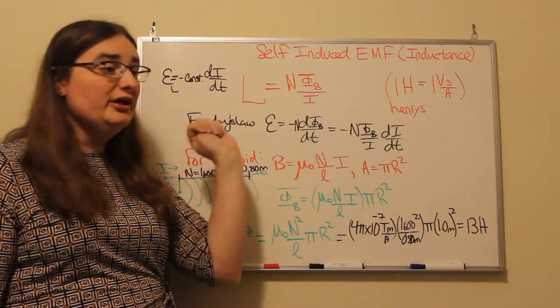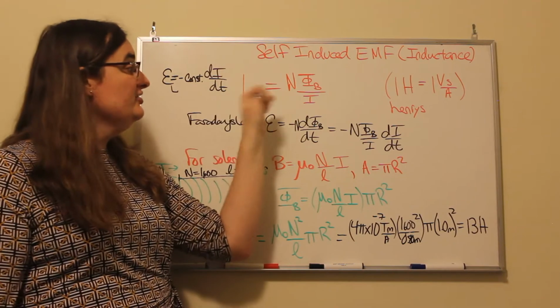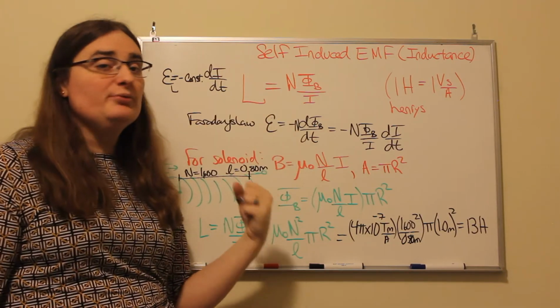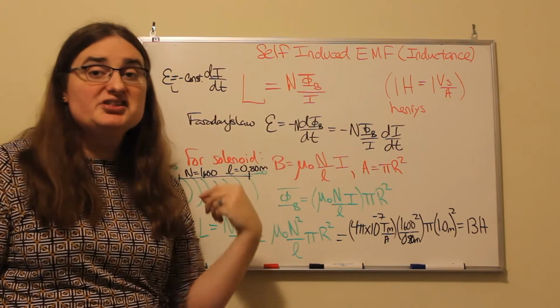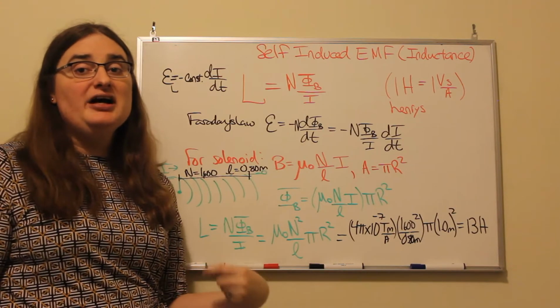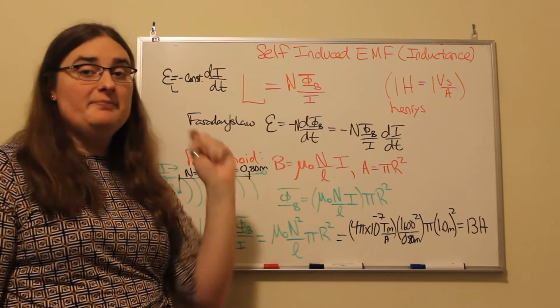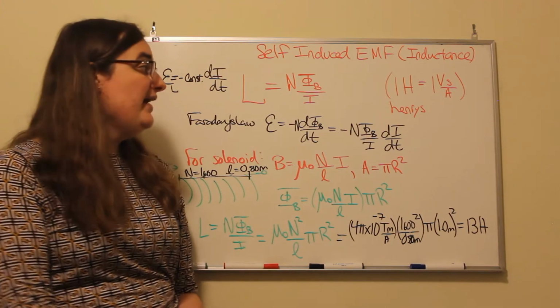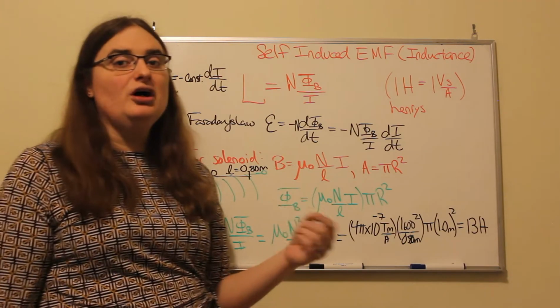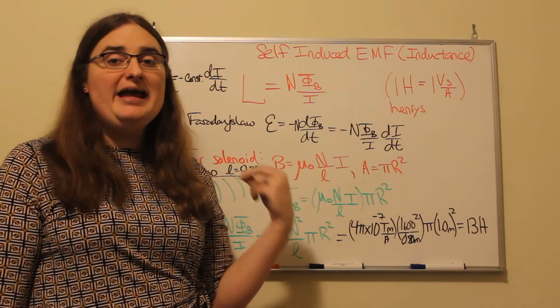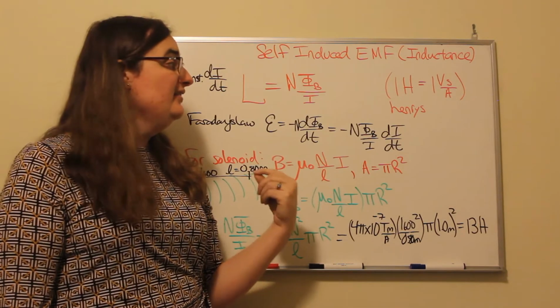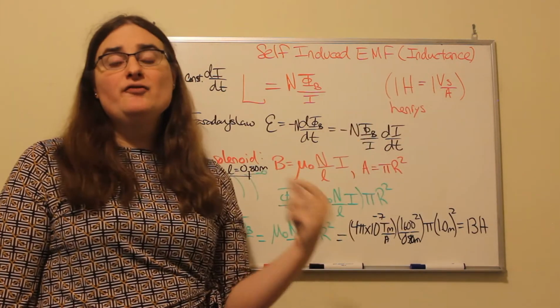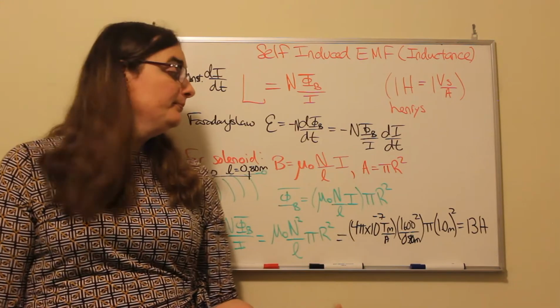So for a toroid or a solenoid, the inductance would be the number of loops that we're dealing with times the magnetic flux per loop divided by the current that's creating that magnetic flux. And the unit that we use to measure inductance is called the Henry. And 1 Henry of inductance is equal to 1 volt-second per amp.